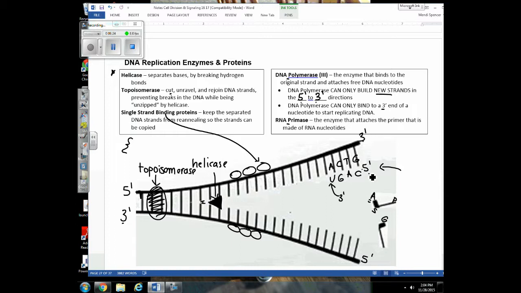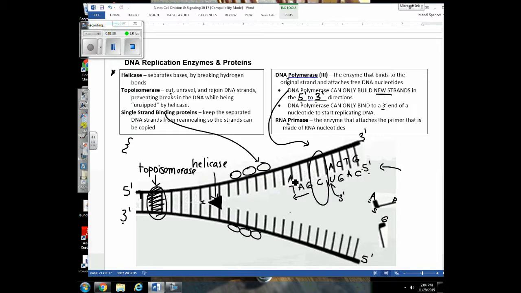So let's show DNA polymerase can bind right here, and it's going to move this way, and start grabbing free DNA nucleotides and attaching them to their complementary bases. So let's say it adds a C and a G and an A and a T.